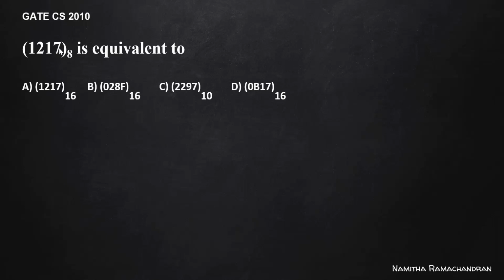Here we have a simple method for converting this into its hexadecimal form directly. How? This is a base 8 system. In a base 8 system, how many different symbols are possible? 0, 1, 2, 3 up to 7. 8 different symbols. For representing each of these 8 symbols uniquely in binary form, minimum how many bits are required?